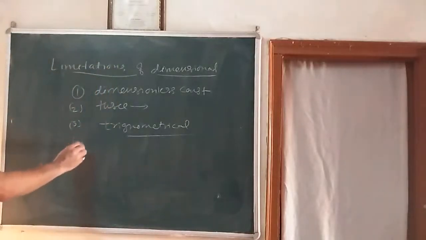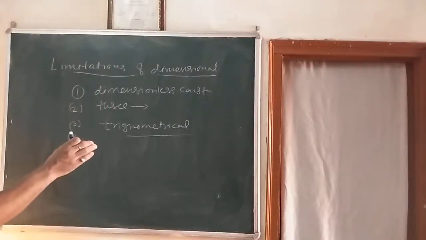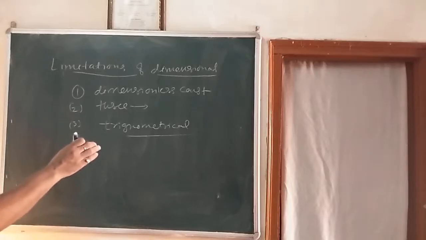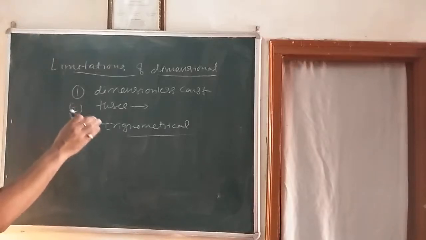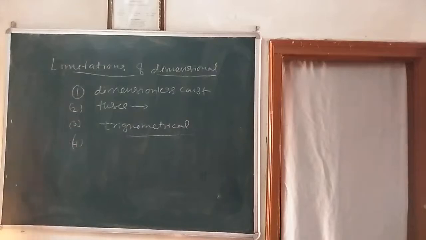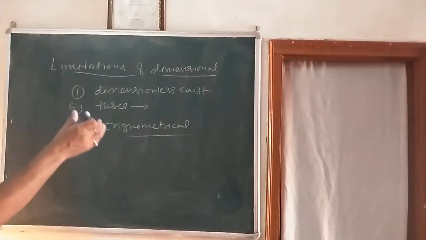Now, the method of dimensions can't be used to derive an exact form of relation when it consists of more than one part on any side. For example, S is equal to ut plus 1 by 2 at square. The exact form can't be obtained.